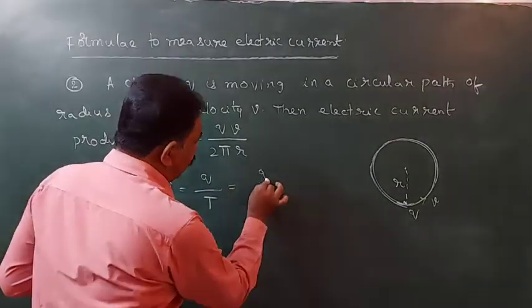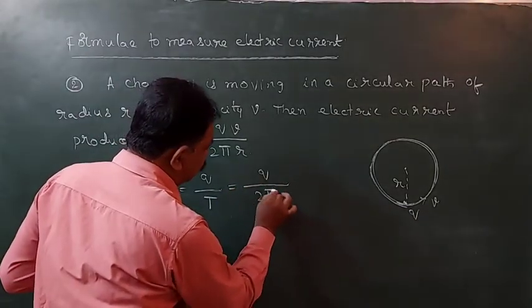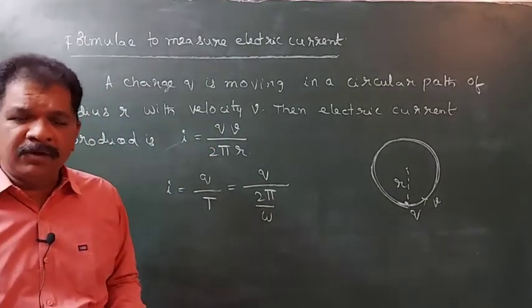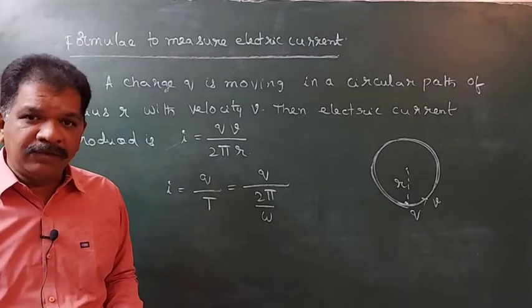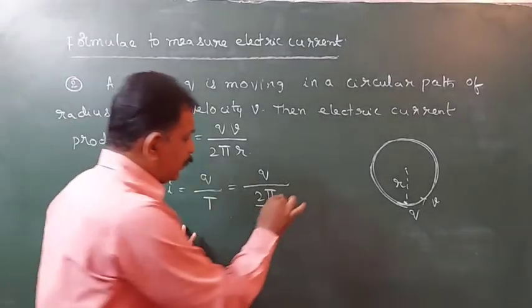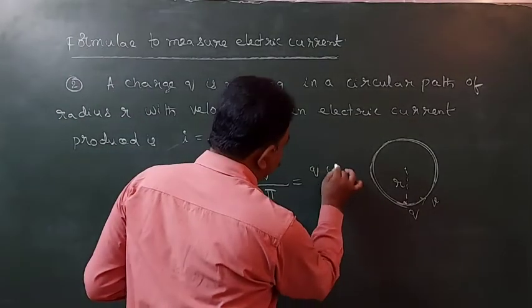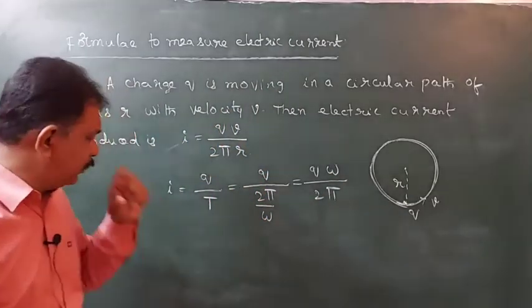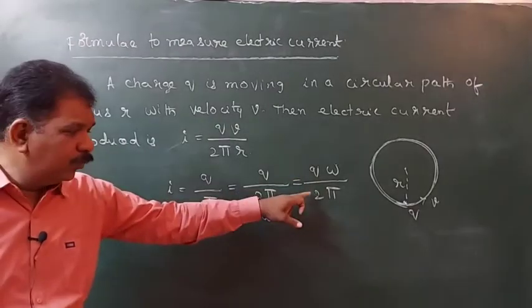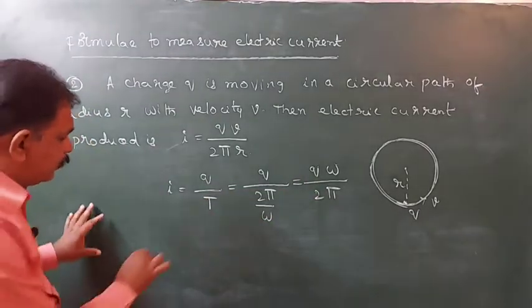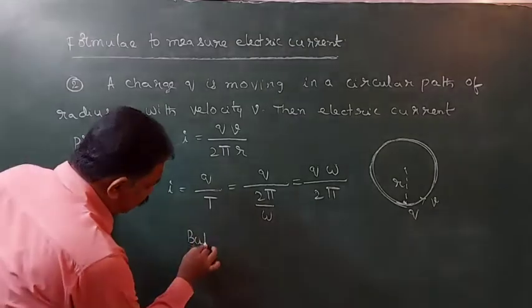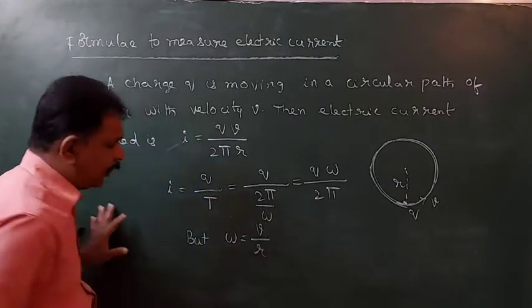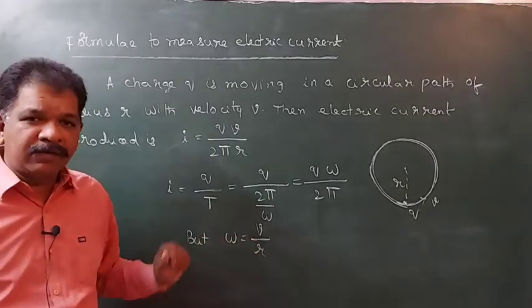So this T value will be equal to 2 pi by omega, where omega is the angular velocity. So we get I is equal to q omega by 2 pi. But omega is equal to v by r, because v is equal to r omega.